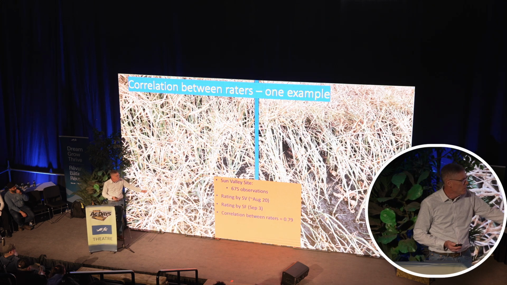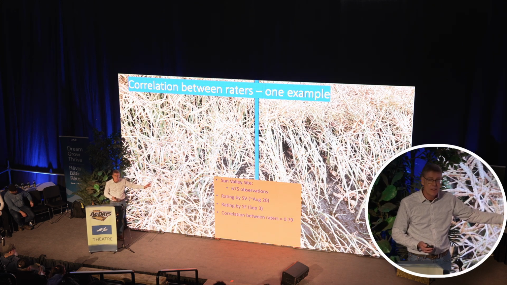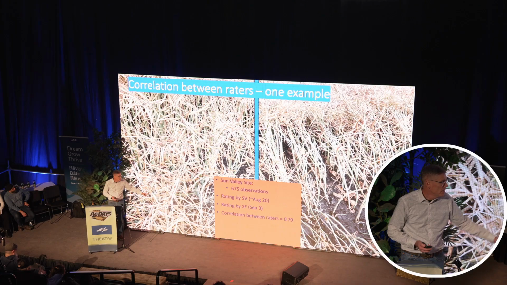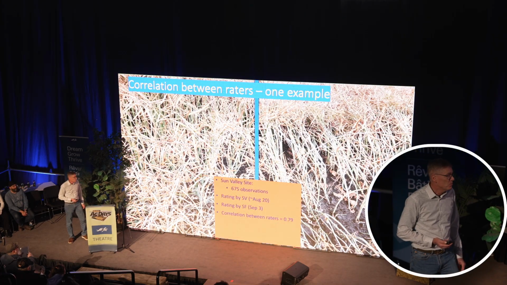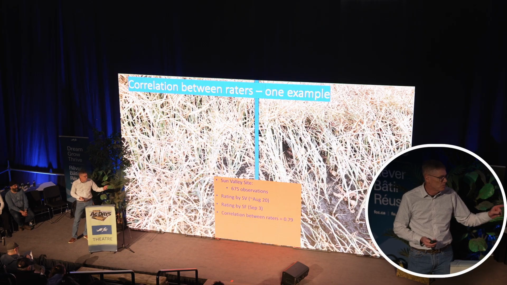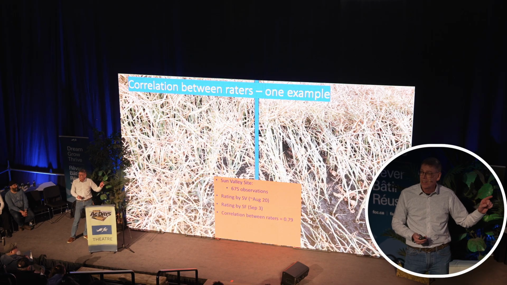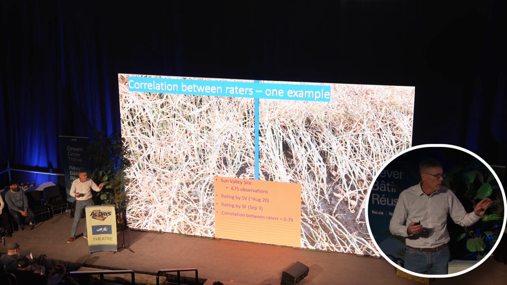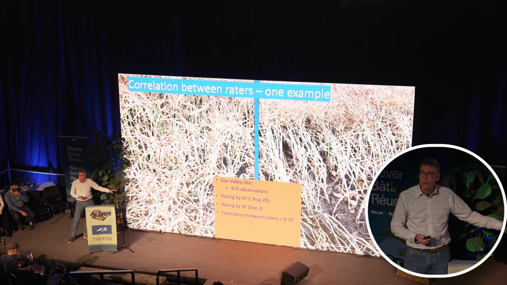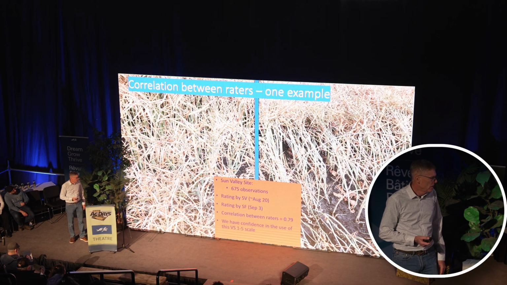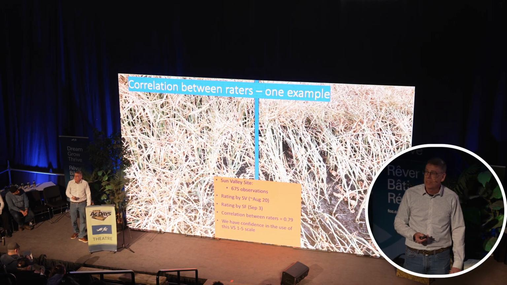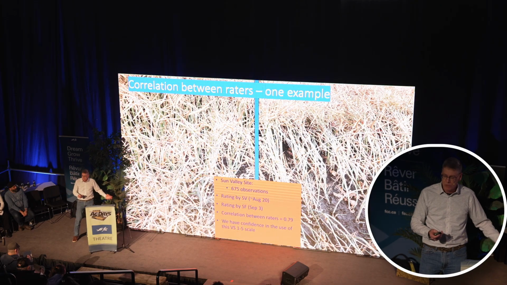It was rated once by one of our staff on August 20th, and I did it again on September 3rd, and I got a correlation of 0.79. I think that's darn good, given that the person who did the first rating hadn't done that work before. He had a little training, but hadn't done it before, and it's 2 weeks later that I took my rating. So not bad. I think we have some confidence in using that scale. It's something we can use.